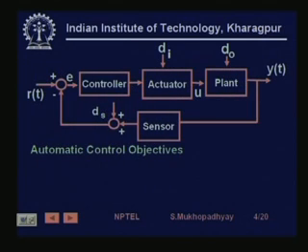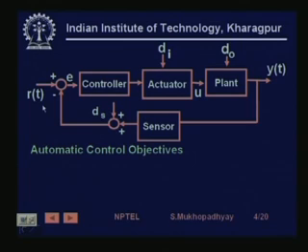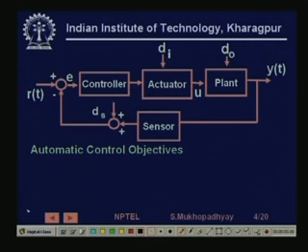Let's first look at the automatic control objectives. What does an automatic control loop basically do? So here is an automatic control loop, well known to us because most of us have already had a course on automatic controls. So here is the set point. Just a moment, let me select my pen.